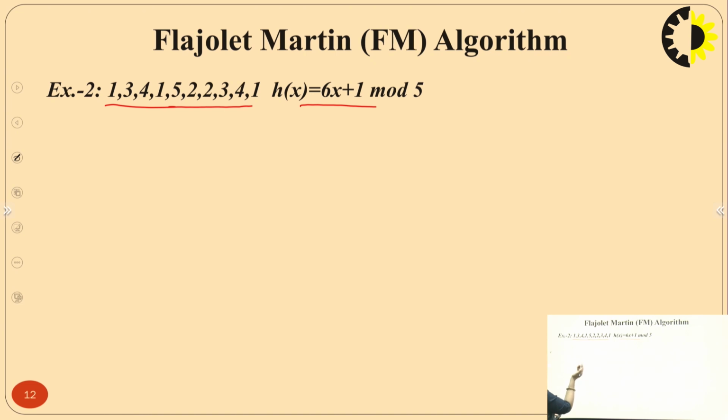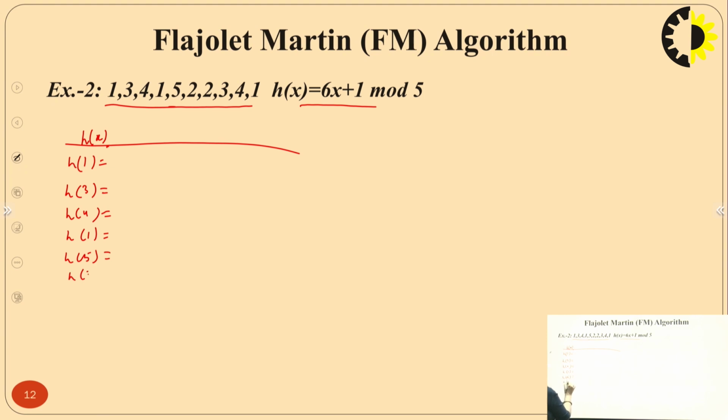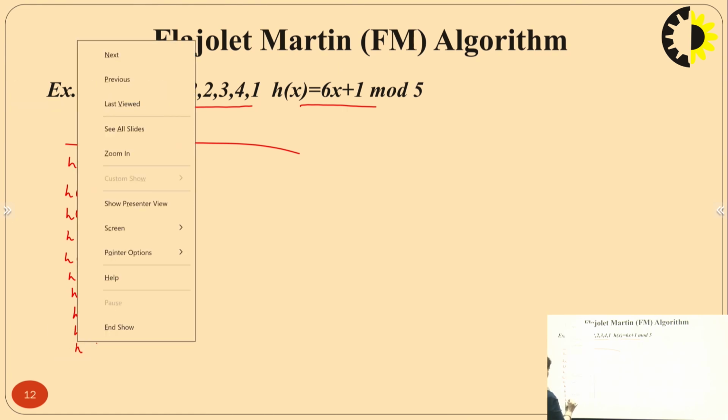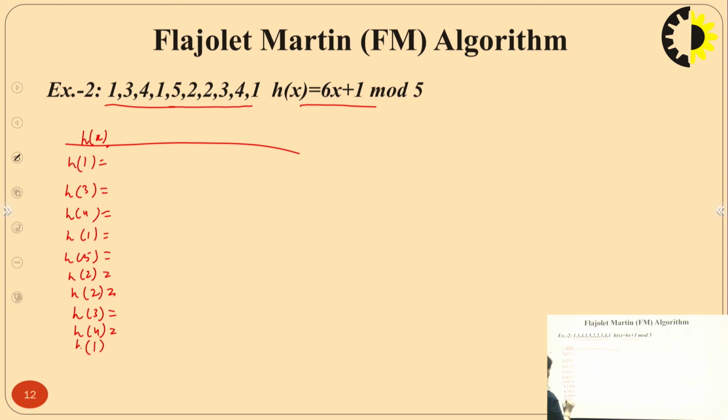In this case, the first step we are applying is finding out the value of hx. How are we going to find out this hx? We are applying the hash function for every element. So for example, we need to calculate h1, then h3, then h4, then h1, h5, then h of 2, h of 2 again, then h of 3 again, h of 4, and then h of 1, h of 1.